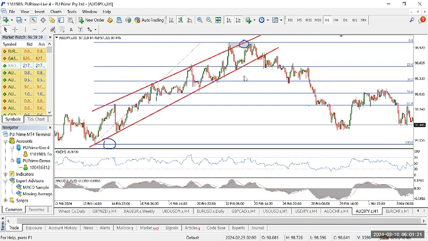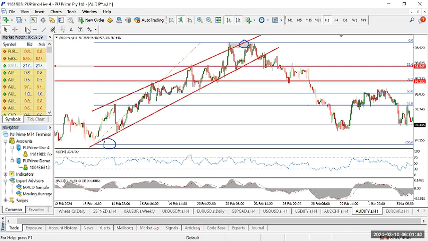In this instance, again, we could clearly see you can do entry manually or you can use a pending order, in which case your sell stop order can be set at Fibonacci 23.6, and your take profit levels can be Fibonacci 38.2, Fibonacci 50, and Fibonacci 61.8.